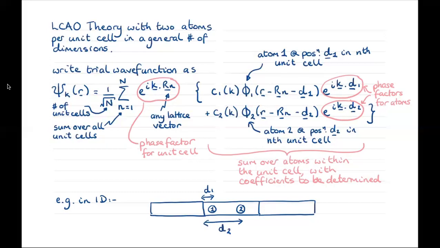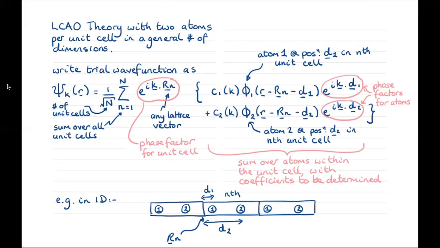Of course, these repeat periodically in each unit cell. So if the middle unit cell is the nth unit cell, then this position here is position R sub n. And so we see that atom 1 is at position R sub n plus d1, and atom 2 is at position R sub n plus d2, consistent with these phase factors.